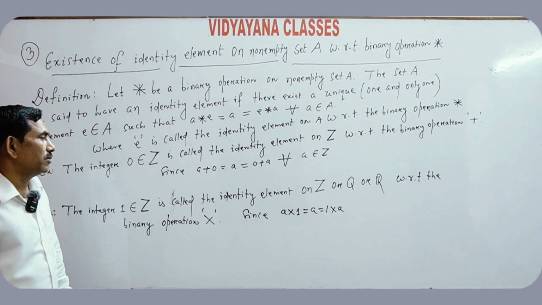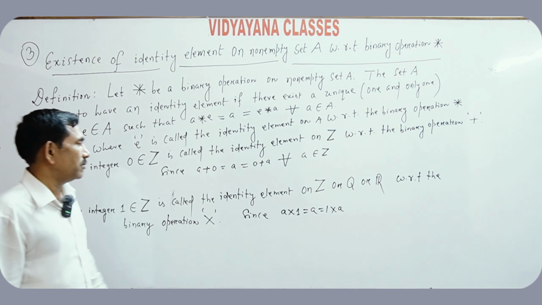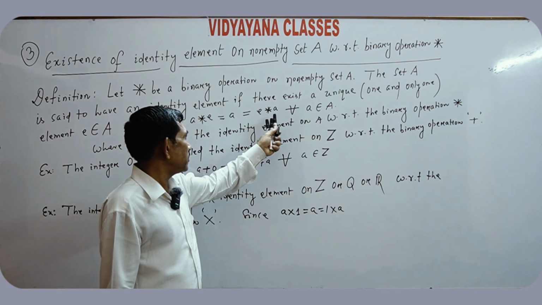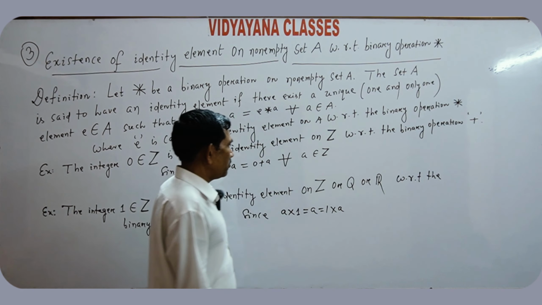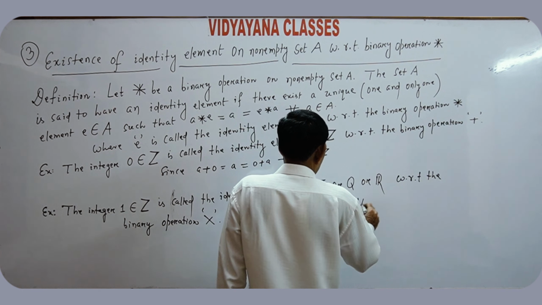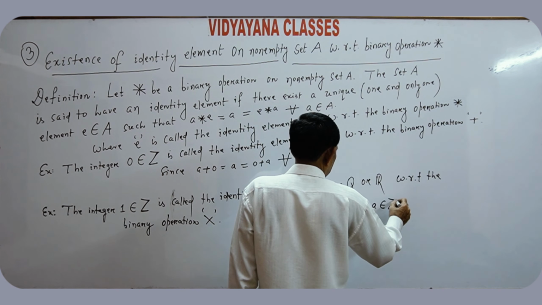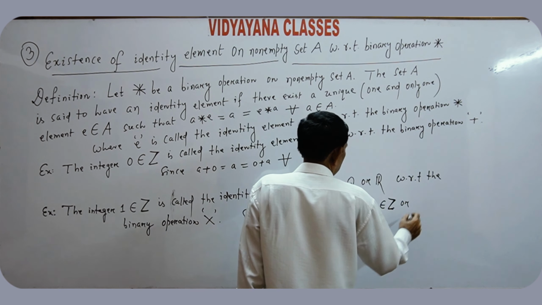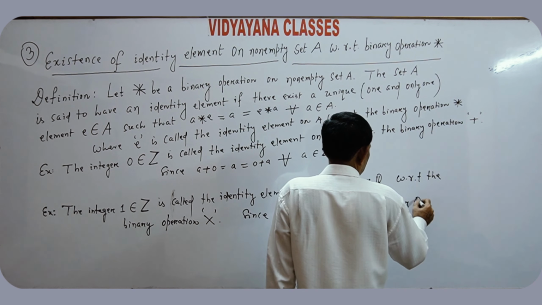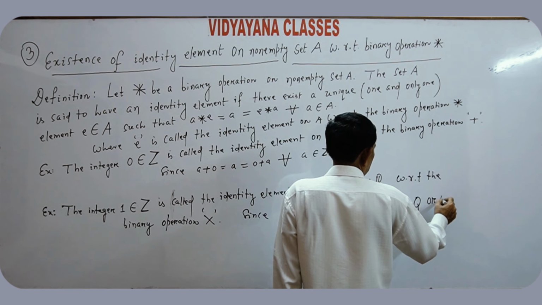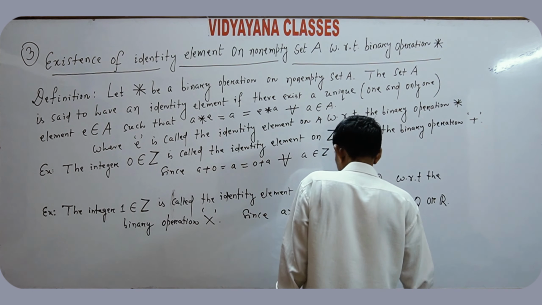A into 1 is equal to A, 1 into A is equal to A. This definition is satisfied for all A belonging to the set of integers or rational numbers or real numbers.